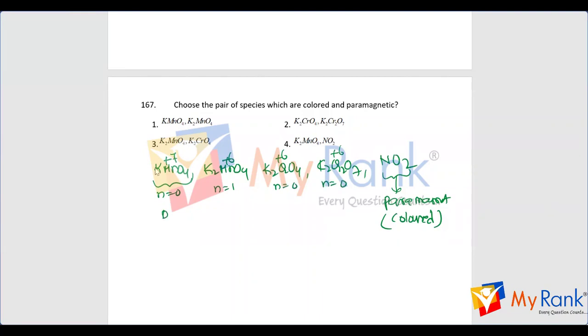So this is diamagnetic, paramagnetic, diamagnetic, diamagnetic. But all these are colored due to the charge transfer phenomenon. So which are paramagnetic? K2MnO4 and NO2. These two are paramagnetic as well as colored. Therefore, K2MnO4 and NO2. The fourth is your correct option.